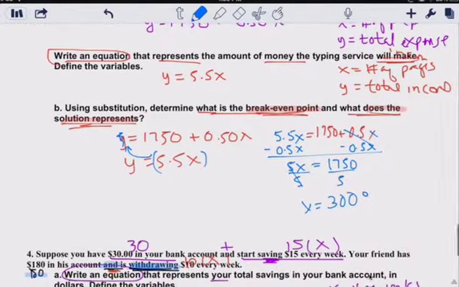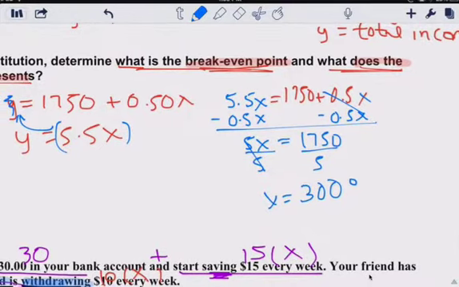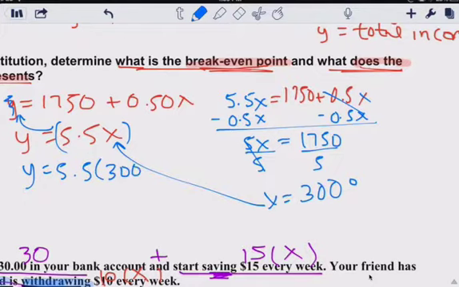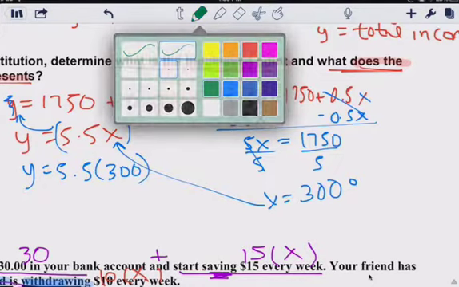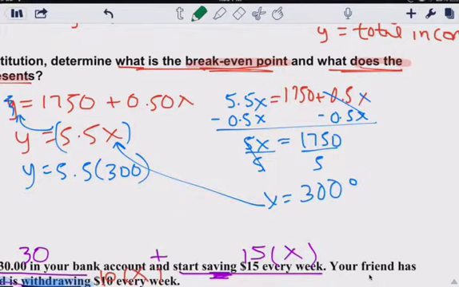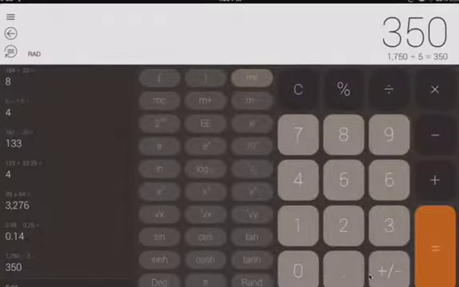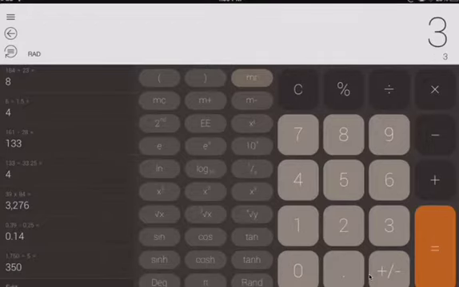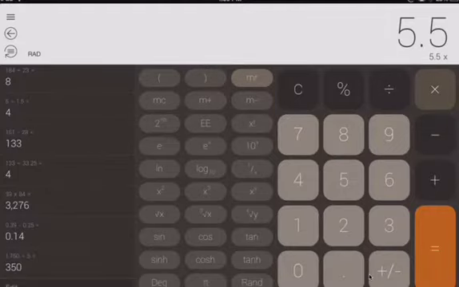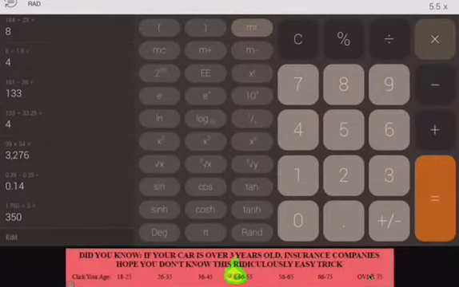Okay, so we found x. To find y, we substitute that back in. y equals 5.5 times 350. Do over. 5.5 times what?